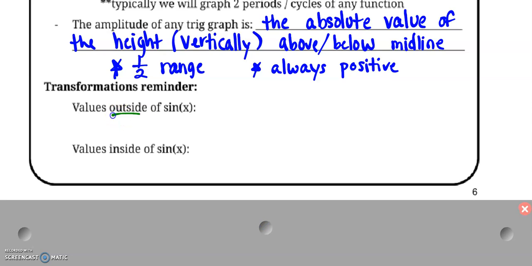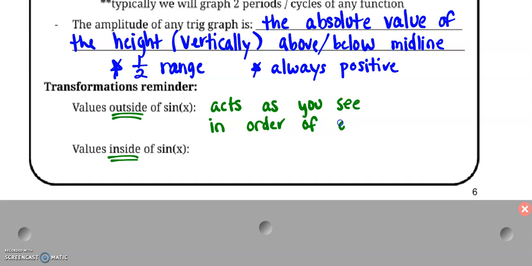And then a couple of other things that you need to know related to transformations. This is really more of a truth about being outside versus inside. Please remember that anything outside acts as you see it, and you want to handle it in order of operations. Anything that's going on inside acts inverse to its appearance.